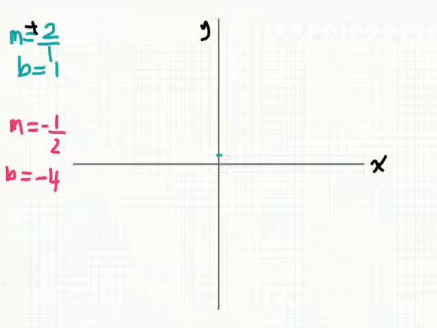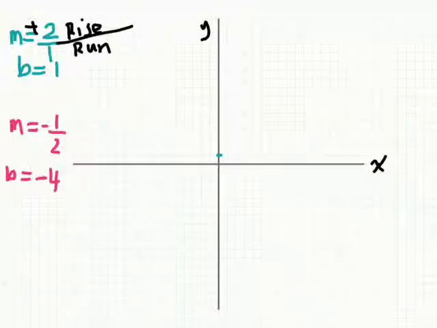So I'm rising. Slope is equal to rise over run. We're rising 2. So I'm going to count in yellow so you can see. 1, 2 squares. And how many squares do I run? 1 to the right, okay?